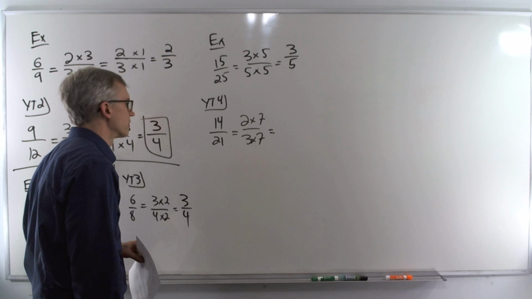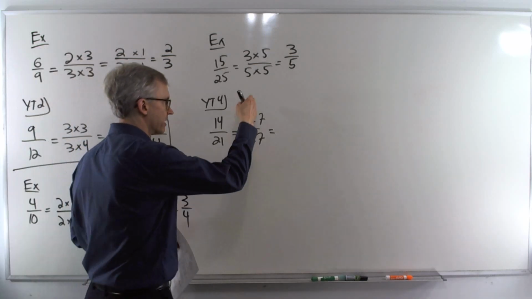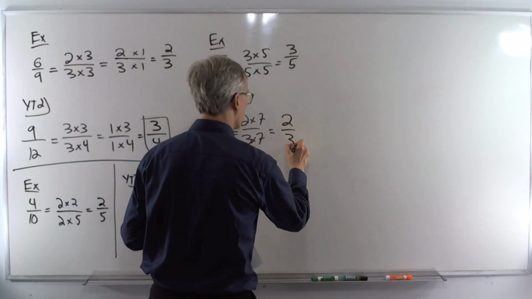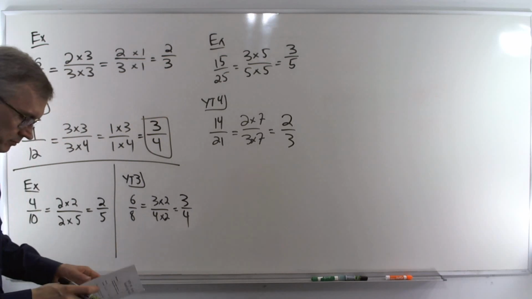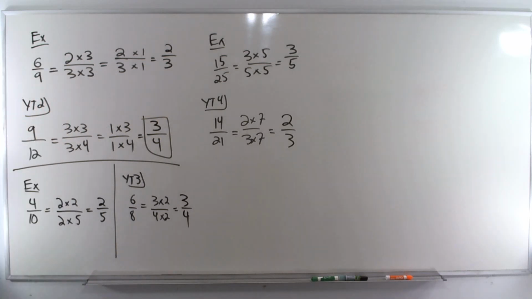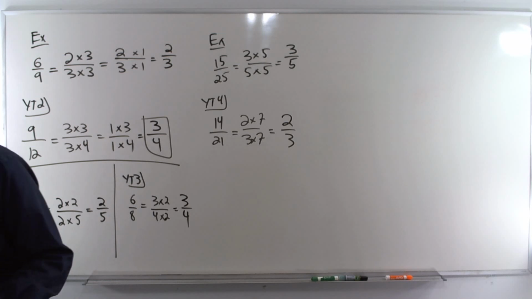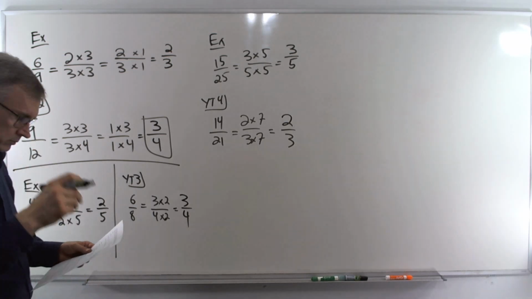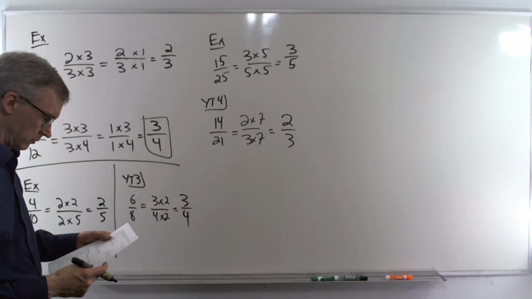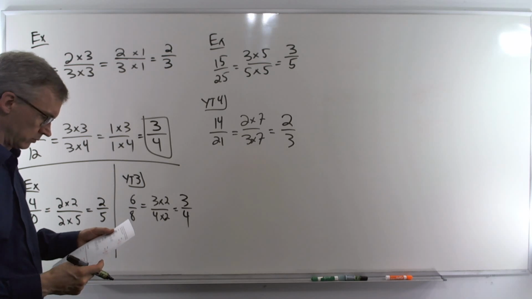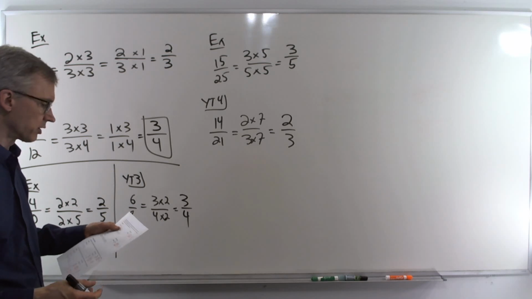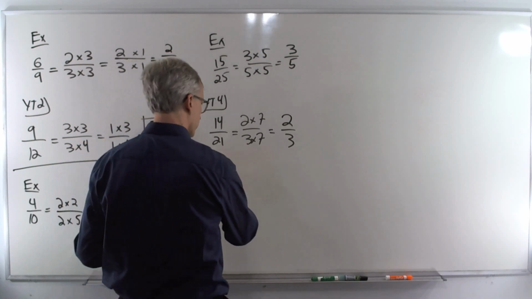14 is 2 times 7. 21 is 3 times 7. 7's cancel. 2/3. Now these don't all have to be done in one step.